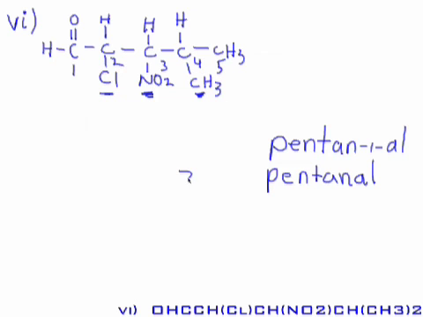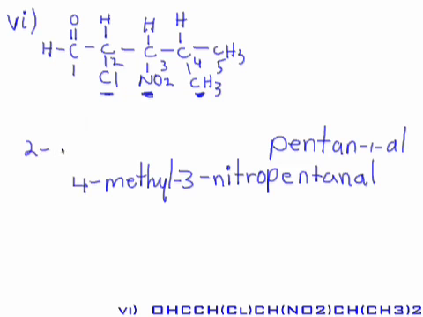We have a 3 nitro, a 4 methyl, and then we have a 2 chloro. So 2 chloro, 4 methyl, 3 nitro, pentanal, or pentan 1-al. Excellent. Question 7.